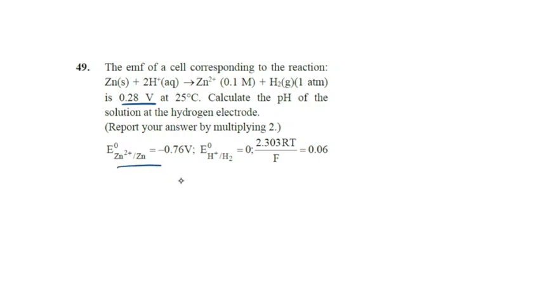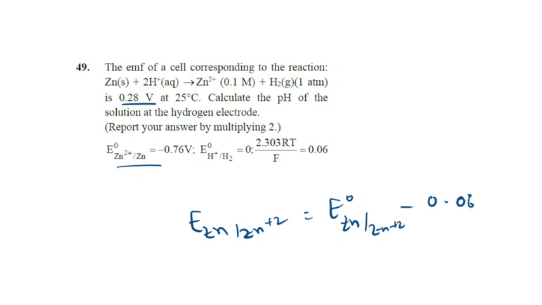So for this type of question, first we need to calculate E Zn by Zn plus 2, which is nothing but E naught Zn by Zn plus 2 minus 0.06 by 2 into log of Zn plus 2 concentration, which is 0.1, divided by Zn concentration, which is taken as unity.